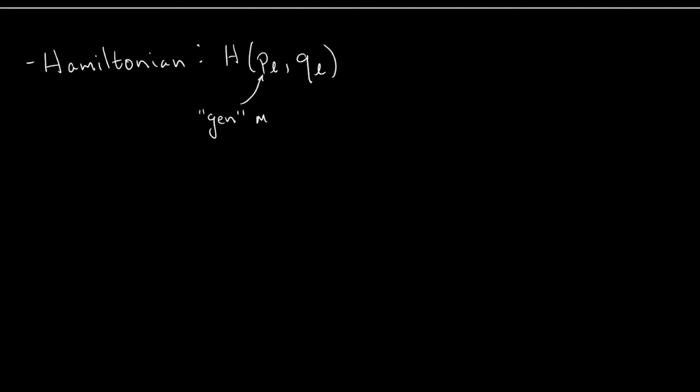So, just as a reminder, when we're dealing with Hamiltonian mechanics, the main ingredient is, of course, I should probably actually be writing, the Hamiltonian, which we write as a function of what we might call generalized momenta and generalized coordinates, P and Q. So these are generalized momenta, and these are generalized coordinates.